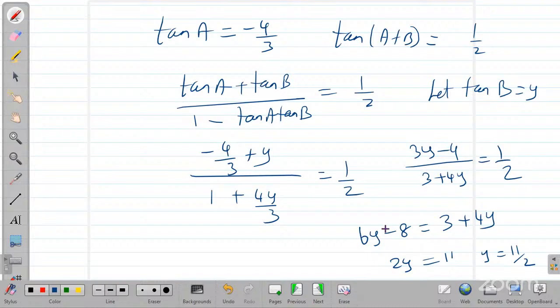Check the answer once. Yeah, that's what I got. I'm trying it now, and that's what I'm getting. So the answer is 11 over 2. Yep.